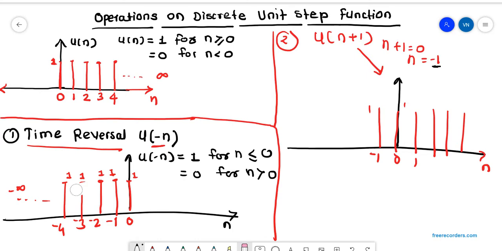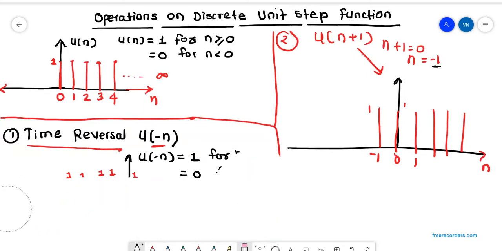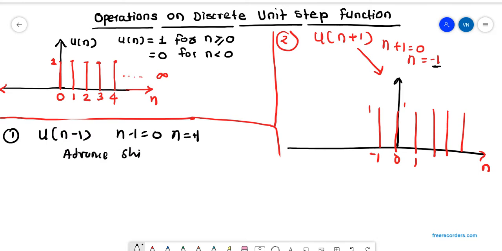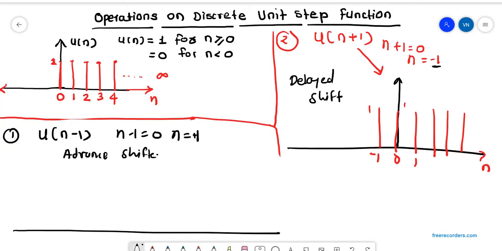Now the next example, if you want to draw u of n minus 1, how can we draw n minus 1? n minus 1 equal to 0, so n equal to 1. We have to shift that signal by plus 1. This type of shifting is called advanced shifting. So see here, n equal to plus 1.